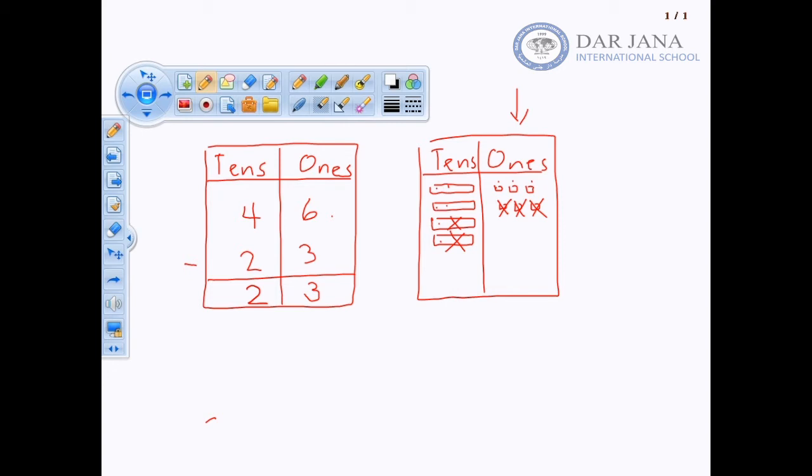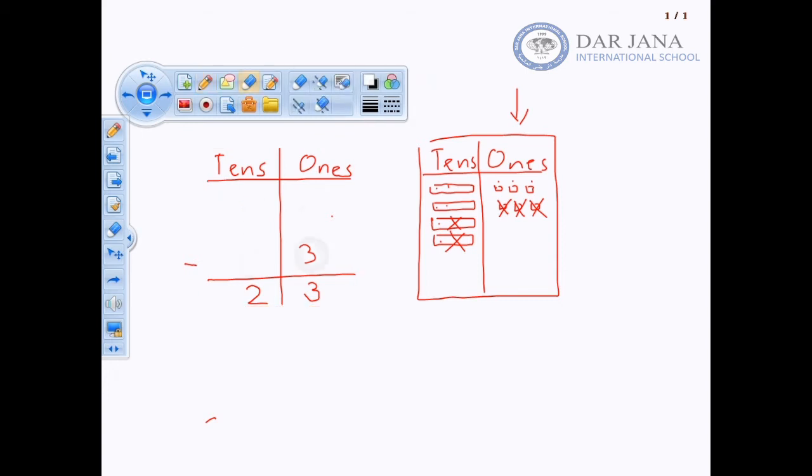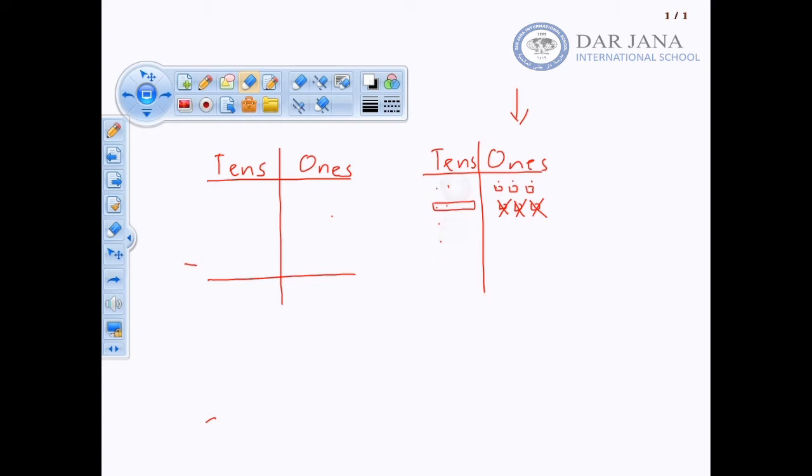Okay, another example. Let's say I have 86 minus 42.